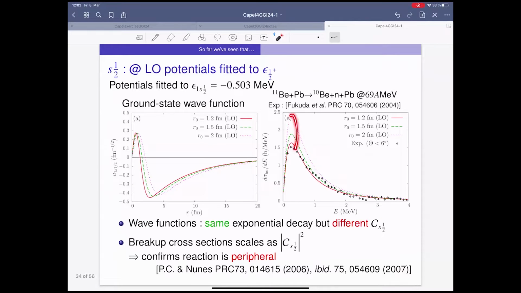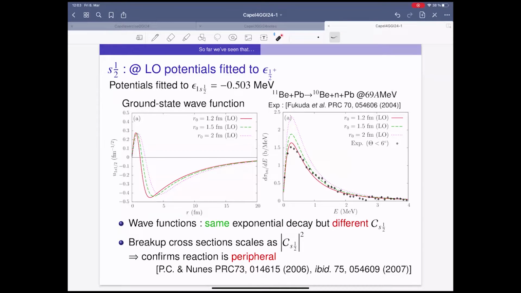And this is the result that we get for the cross section. So we get the right shape, which is already something, but the magnitude is not correct. So something is missing here. And what we found with Hans-Werner Hammer and Daniel Phillips is that this scales as the square of the ANC.